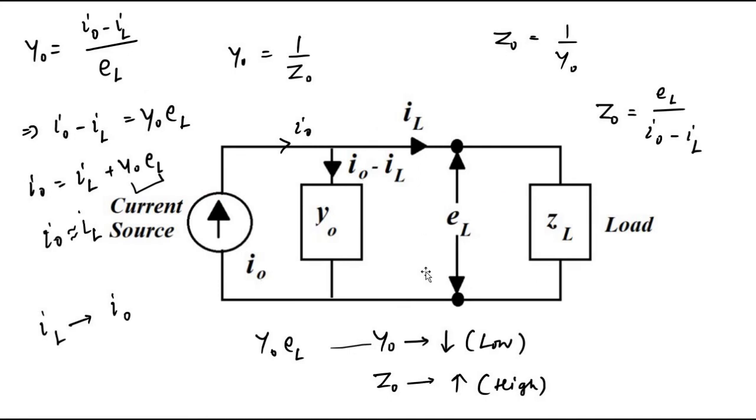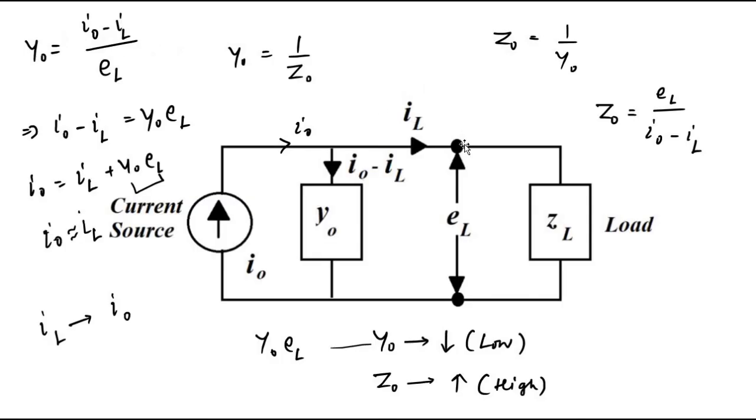So here the voltage across this device is EL, current flow is I0 minus IL. Now we can substitute I0 minus IL as Y0 EL, or we can write it in this relation, Y0 is equal to I0 minus IL by EL.